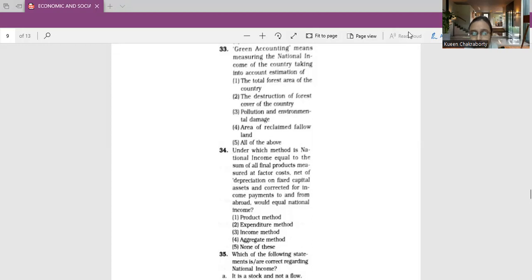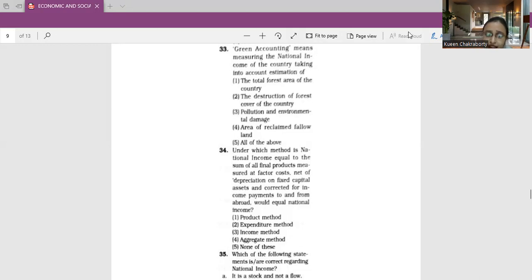So the correct answer to measuring the green accounting of the country is option number three. A new system of sustainable accounting, a new concept, green accounting, has emerged in recent times. It permits the computation of income for a nation by taking into account the economic damage and depletion in the natural resource base of an economy.